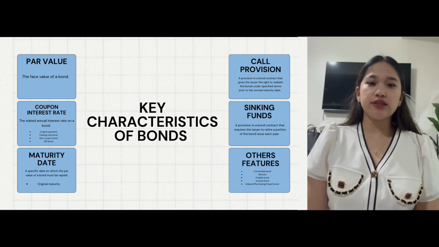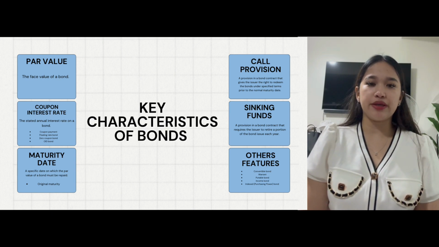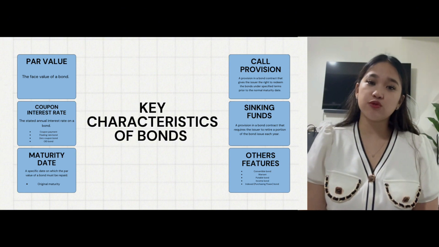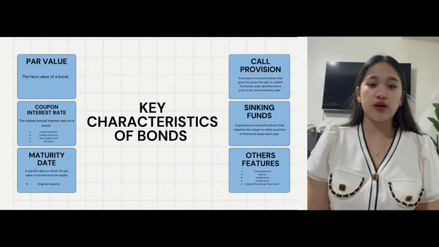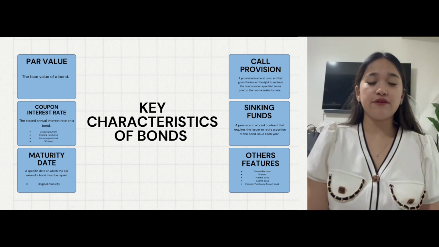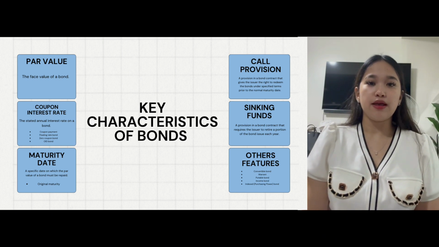The next one is maturity date. Bonds generally have a specific maturity date on which the par value must be repaid. Alice bonds, which were issued on January 3, 2006, will mature on January 2, 2021. Thus, they had a 15-year maturity at the time they were issued.